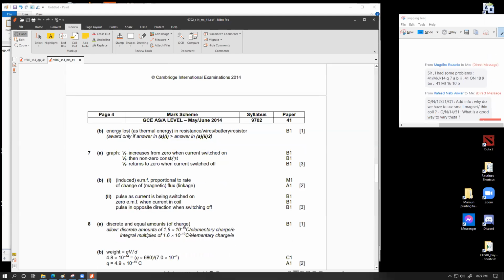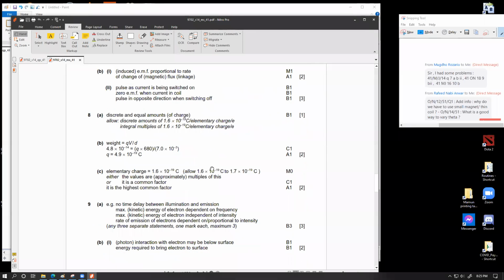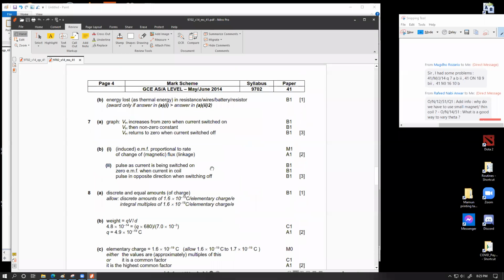Graph VH increases from 0 when current is switched on. VH then non-zero constant, returns to 0 when current is switched off. Okay, only this. Hold up.